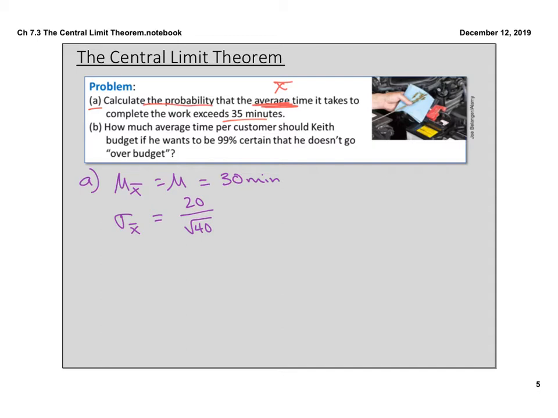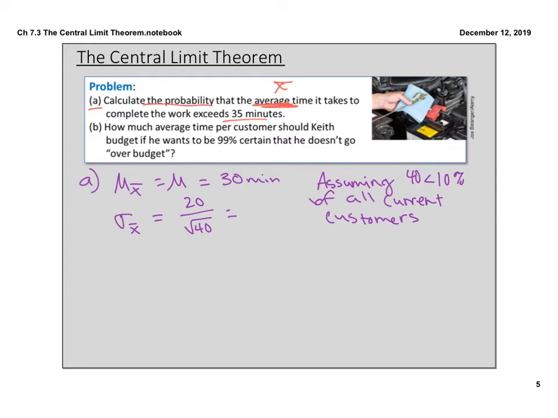It's safe for us to assume, our sample size is 40, so we can say, assuming 40 is less than 10% of all current customers, then the 10% condition is met. Okay, so 20 divided by the square root of 40.